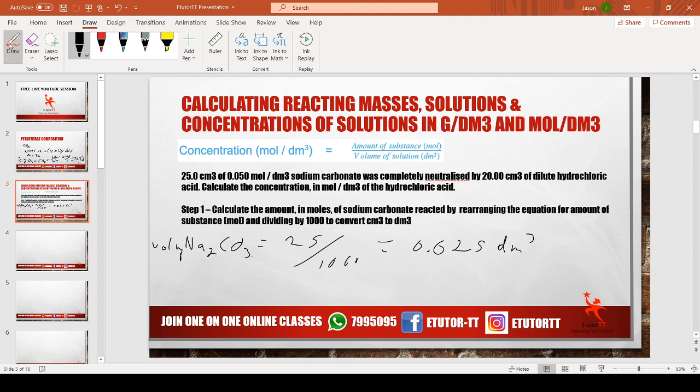Next thing we would want to work out is the moles. So as the equation goes, moles equals 0.050 multiplied by 0.025, which gives us 0.0125 moles.